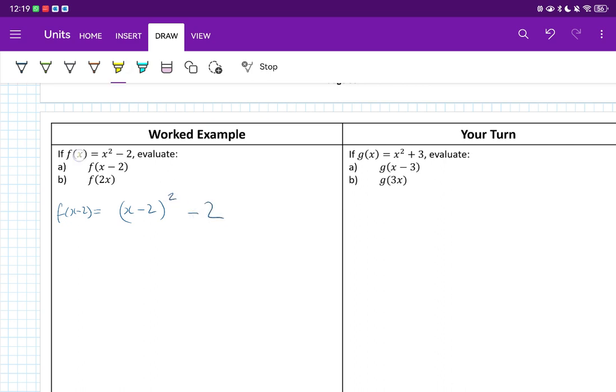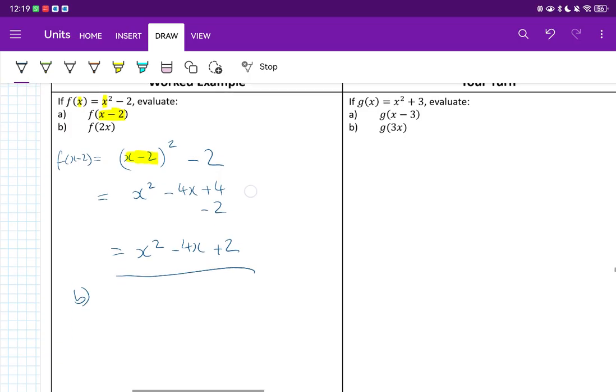So whatever x is, you replace with x minus 2. So this is telling you to take the input, square it, and subtract 2. That's it. And then if I simplify that, it's x squared minus 4x plus 4. Then I subtract 2. So that goes back to multiplying out brackets, which we did earlier on in the unit.